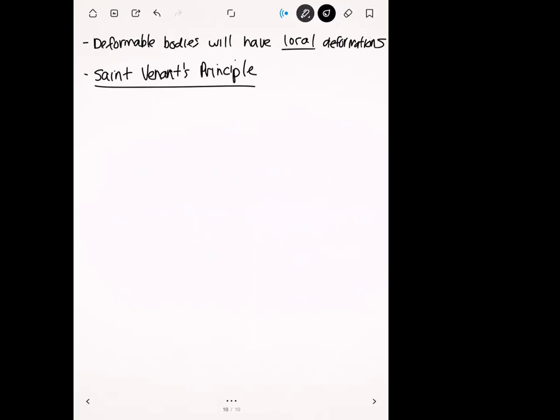Okay. And so what Saint Venant's principle states is that equivalent force systems produce different deformations. Let me start over. All right. So Saint Venant's principle says that if you have equivalent force systems, we know that we're going to get different deformations, right?